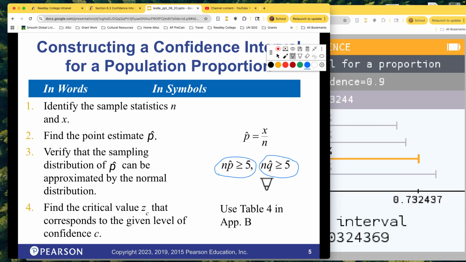If one of these is less than 5, then this is not going to work. Okay, so occasionally you have to get your estimate and then see if the sample size times that is going to be greater than 5. Again, you get an estimate of what p is, and then plug in some values for n to see what sample size you're going to need so that you're at least bigger than 5, because that makes it normally distributed.